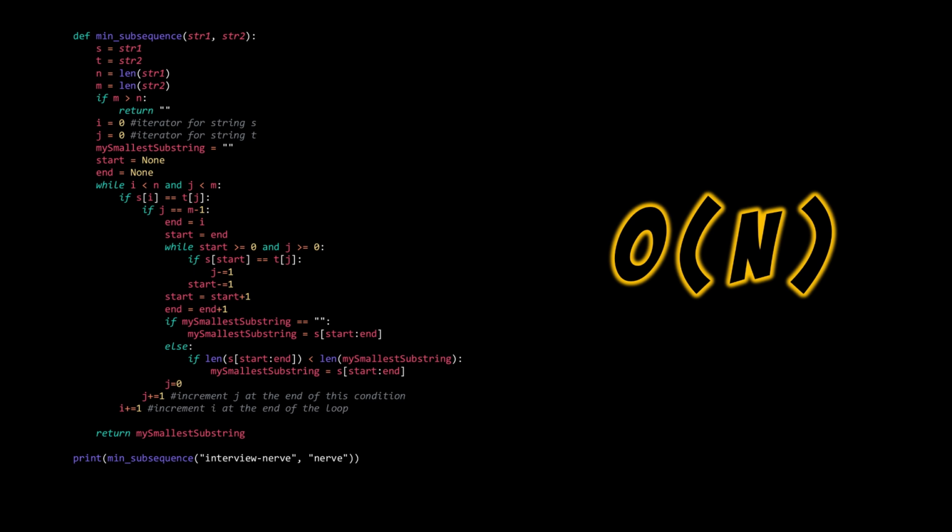There is another loop for the condition when we reach t's end, and that one also could potentially be O of n if the start of t is at the very beginning of S and the end is at the very end of S. But we will have to do it only when the end is reached. So in this condition, it would be O of 2n, which again will result to O of n.